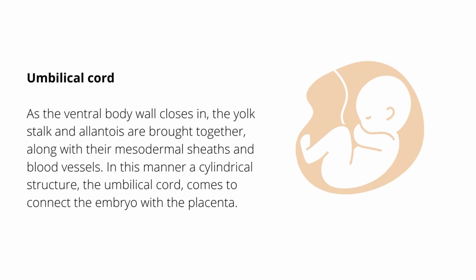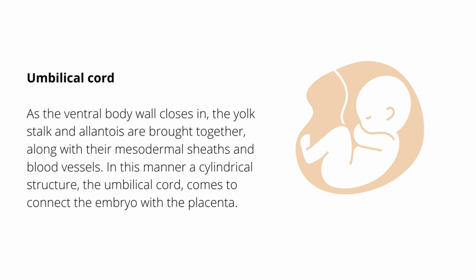Let's go to the umbilical cord. As the ventral body wall closes in, the yolk stalk and allantois are brought together along with their mesodermal sheaths and blood vessels, enclosing everything as a wrapping of amnion. In this manner, a cylindrical structure, the umbilical cord, comes to connect the embryo with the placenta.